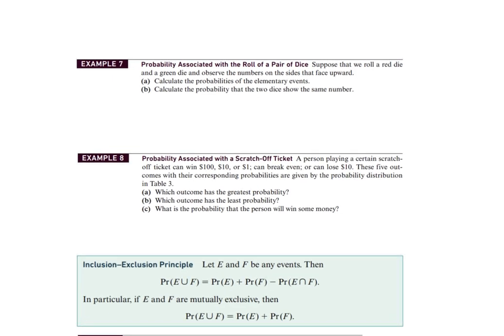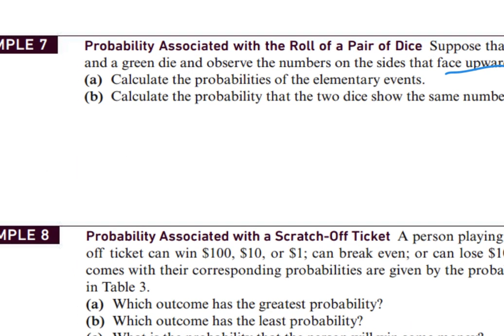Probability associated with the roll of a pair of dice. Suppose that we roll a red die and a green die and observe the numbers of sides that face upwards. Calculate the probabilities of the elementary events. We discussed this in a previous section where we had 1,1. Let's say the first is the red and the second is the green.